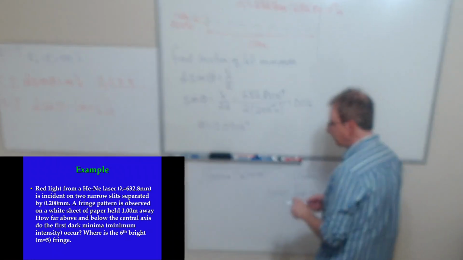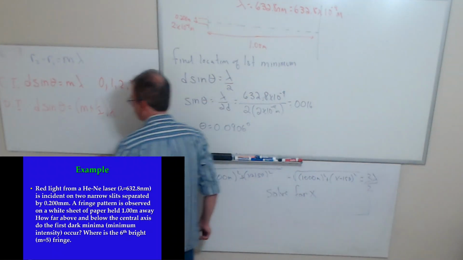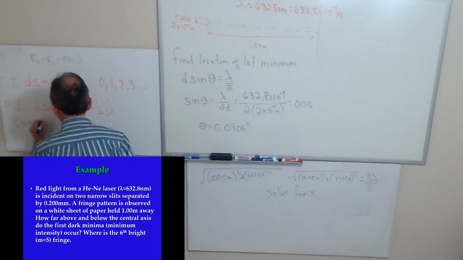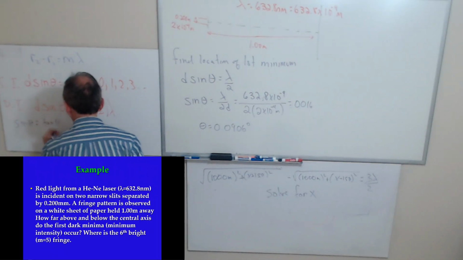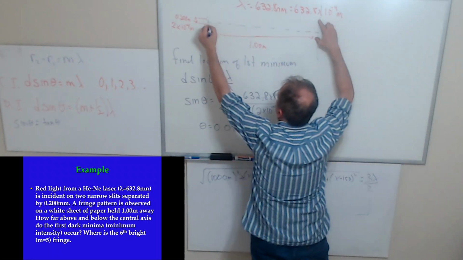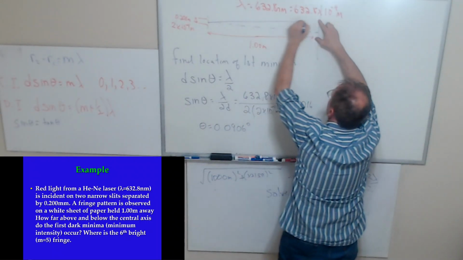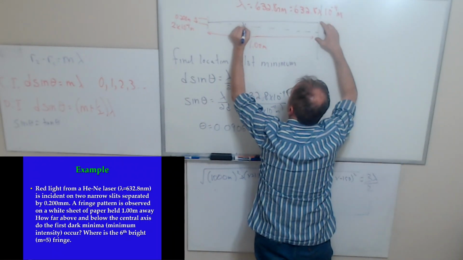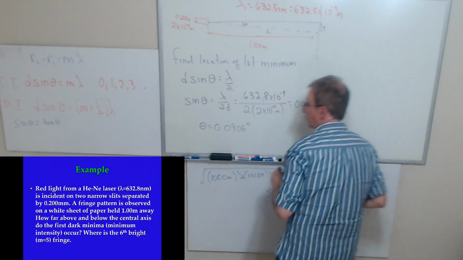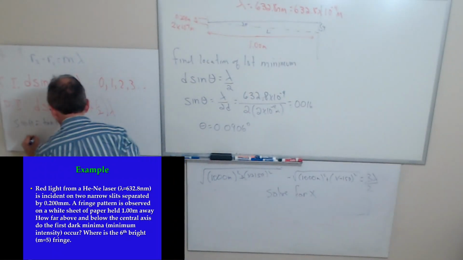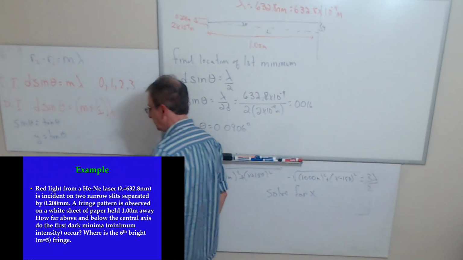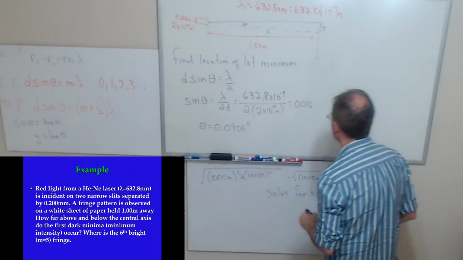So I can use the fact that sine of theta is approximately equal to tangent of theta. The location on the screen where I get a minimum is going to be y equals L tangent of theta.